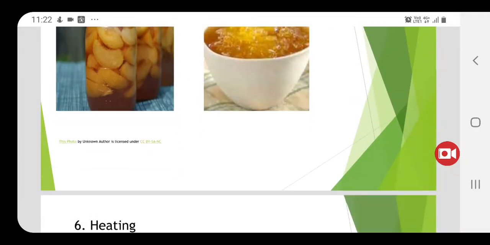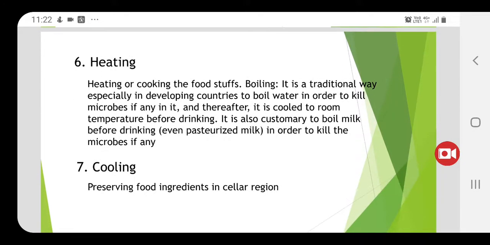And the next one is heating. Of course, when man discovered fire, he started using it. And among that, heating is also called cooking.